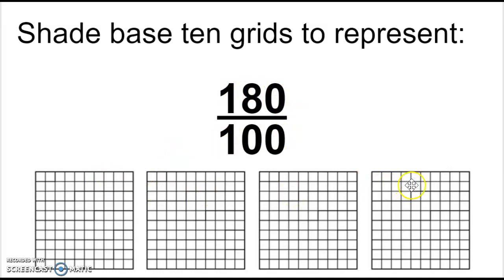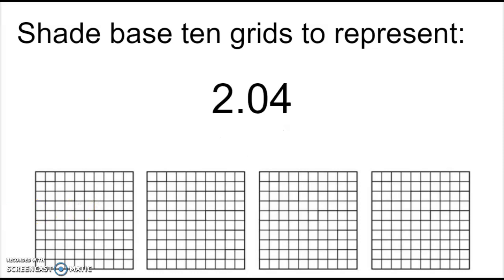So what would that look like down here? 180 hundredths. Try it. And then if you want to, try the next one. And this one you've got to read, and I'm not going to read it for you. I'm going to let you try to read it. So I'm giving you lots of base 10 grids. You might not need them all.